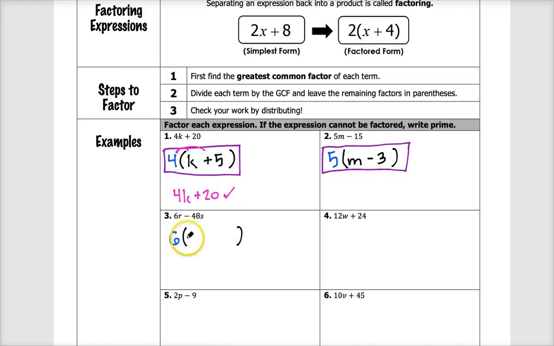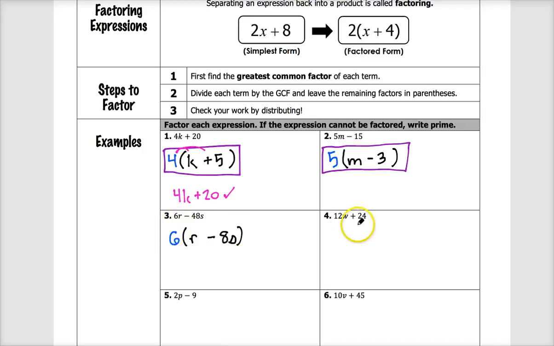And then what times 6 is 6r? Well, that would just be an r. What times 6 is a negative 48s? Well, negative 8 times 6 is negative 48. And then to get the s, we just need to put an s with that negative 8. So 6 times the quantity r minus 8s is the factored form of this expression.